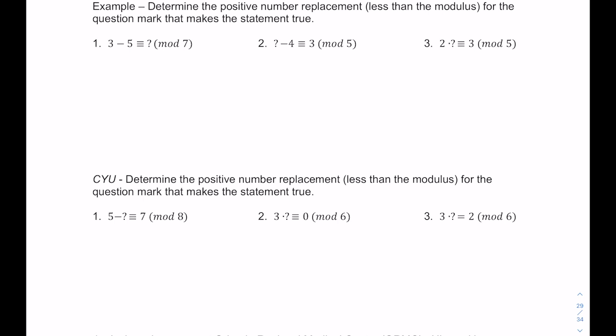So here we have some problem solving. We want to determine the positive number replacement less than the modulus for the question mark that makes the statement true. So think of the question mark as your unknown, or, we would know that as x. So what we need to do is replace that question mark with a positive number, in this case less than 7.